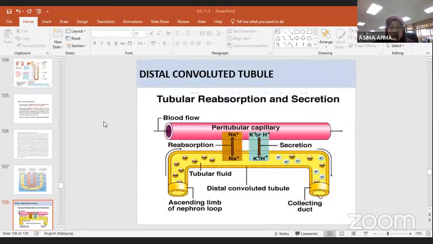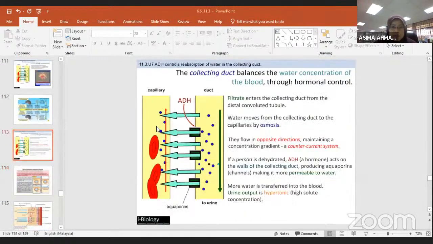So we have covered until the collecting duct. So yesterday we learned about ADH controls the absorption of water in the collecting duct. And then we learned that when there is an increase in blood osmotic pressure, meaning that there's a lot of water, therefore we need to remove more water from the blood.